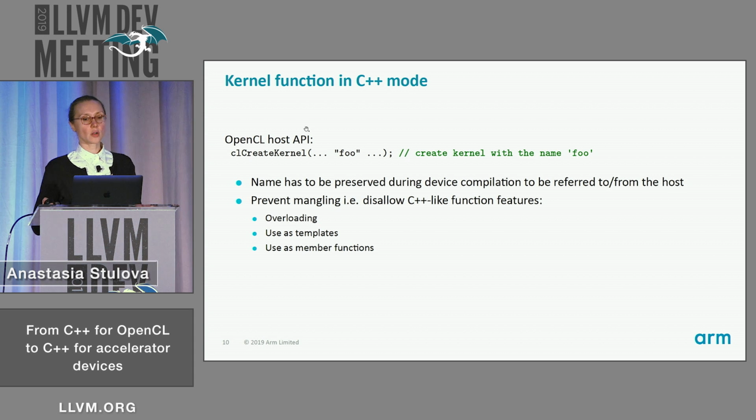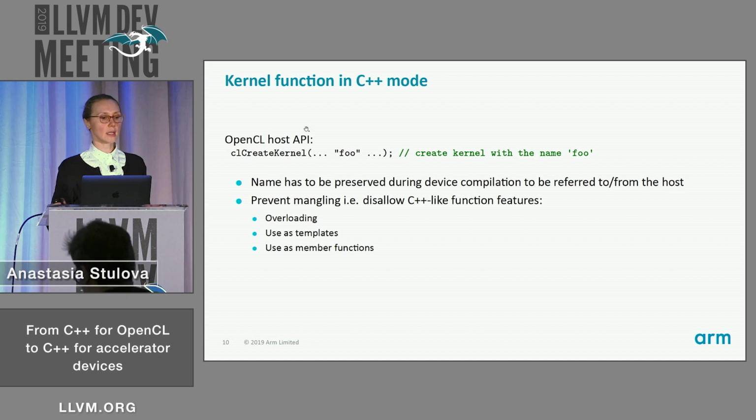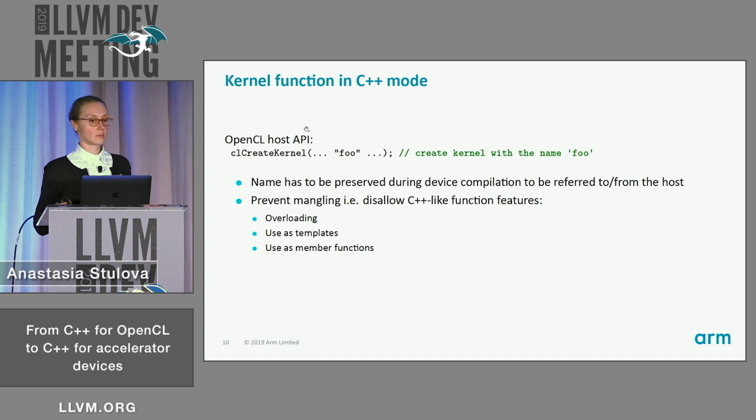So the first thing is the kernel function. A kernel function is an interface between host and device, and it is basically just an entry point to executing on an accelerator. There is such an API call in the OpenCL standard, clCreateKernel, where you have to pass the name of a kernel that will be executed on the device. The implication is that the name of a kernel in the device compilation mode has to be kept as is, so it can't be mangled.